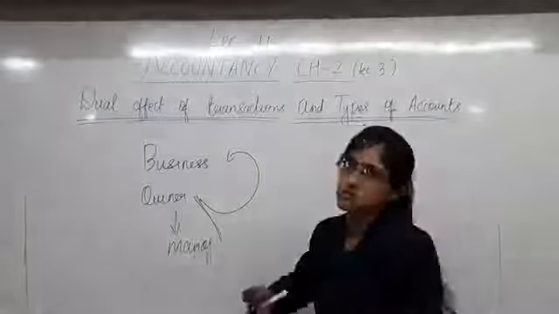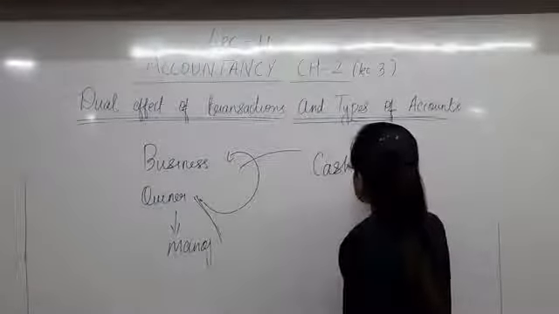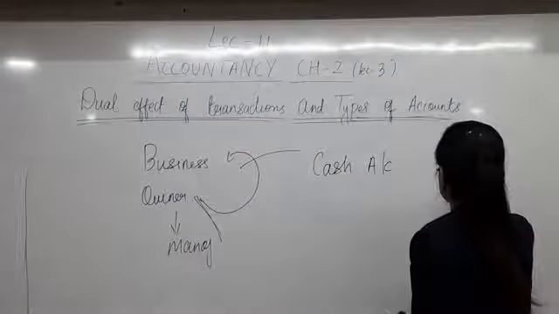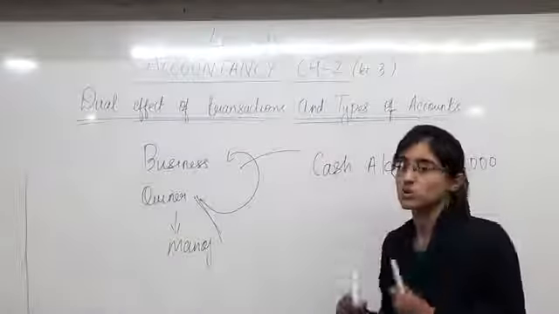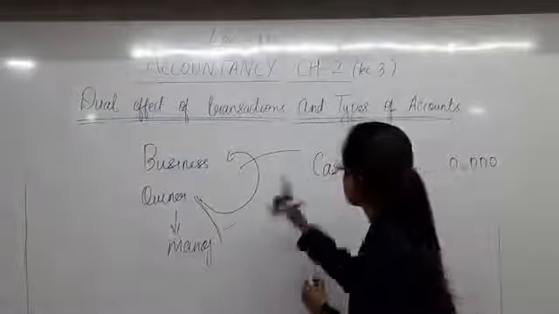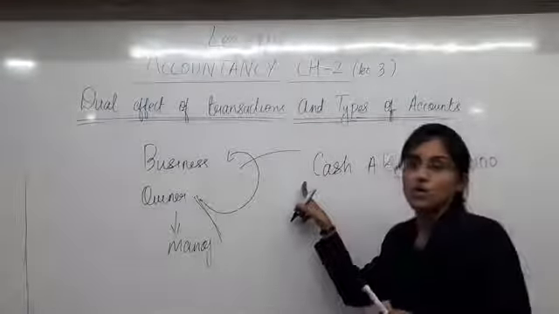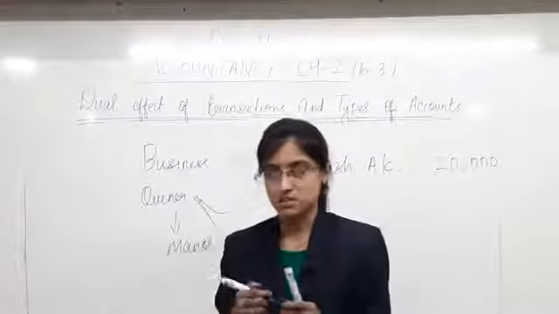Where? In the business. So cash comes in the business. How much? 20,000. And who brought this cash? Owner. Who's the owner? Manoj. Manoj brought rupees 20,000 in the business for starting the business, for commencing business.